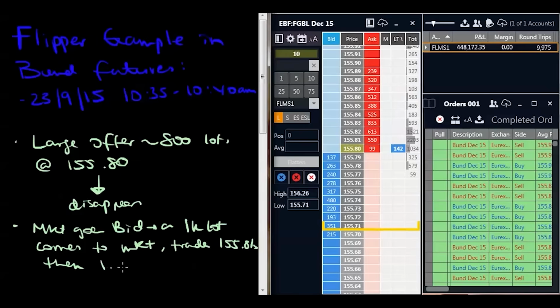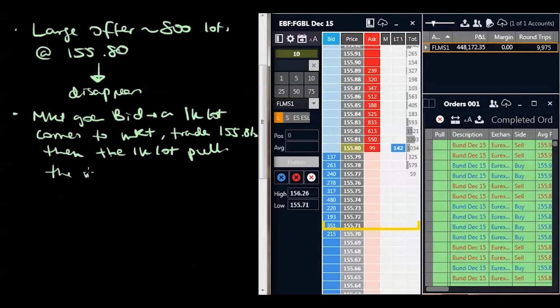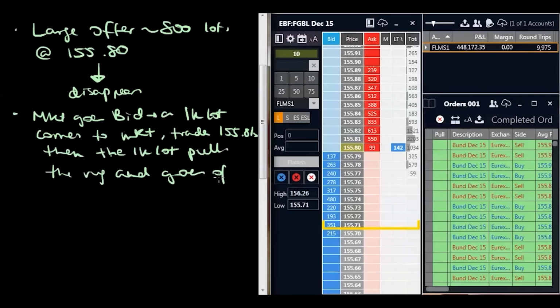Then the 1K lot pulls. Basically he pulls the rug, and the market goes offered. So let's take a look at that one more time.